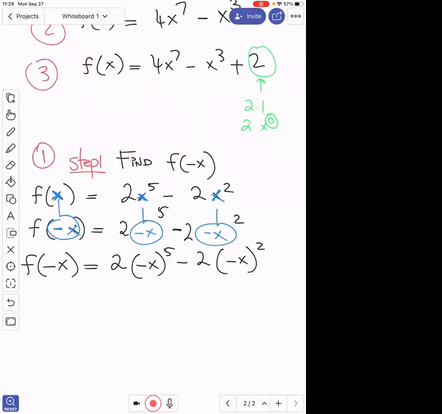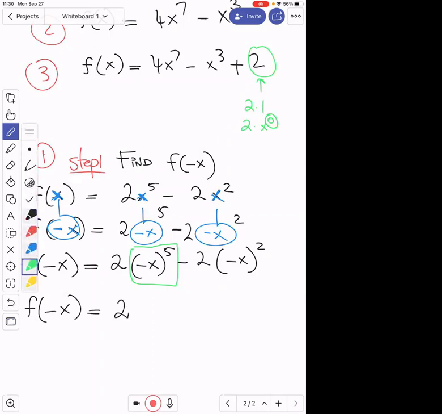So we have to do the exponent now. Negative x to the power 5, because 5 is odd, is negative x multiplied by itself 5 times, so the answer is going to be negative x to the power 5. So this f of minus x is going to be 2 times minus x^5 without the parentheses, and then there is a minus 2 times minus x squared.